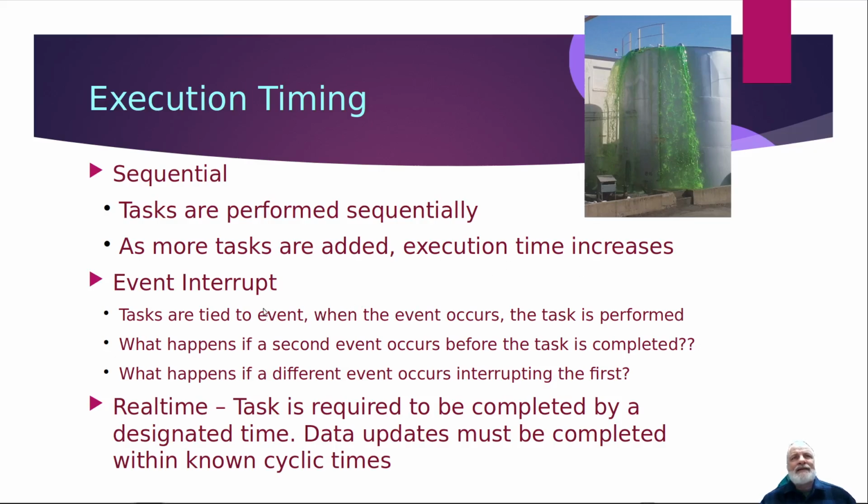In some ways, that might sound like a better solution than running through all these tasks, where you already checked up here and the tank wasn't full, so you didn't shut off the pump, and now you're doing all these other tasks, and then you get to the bottom and go back up and check. But you can look at it the other way too.